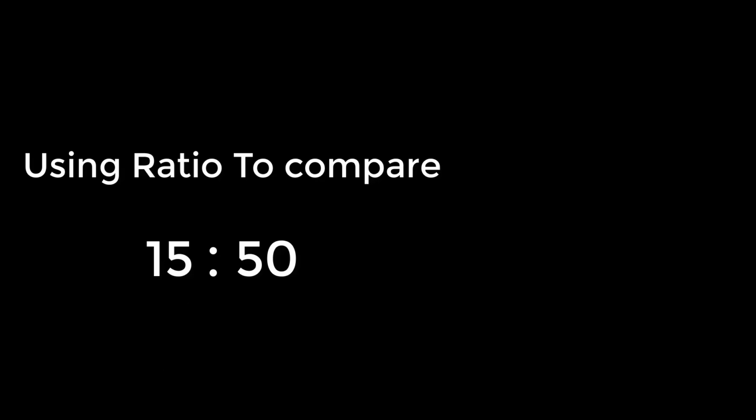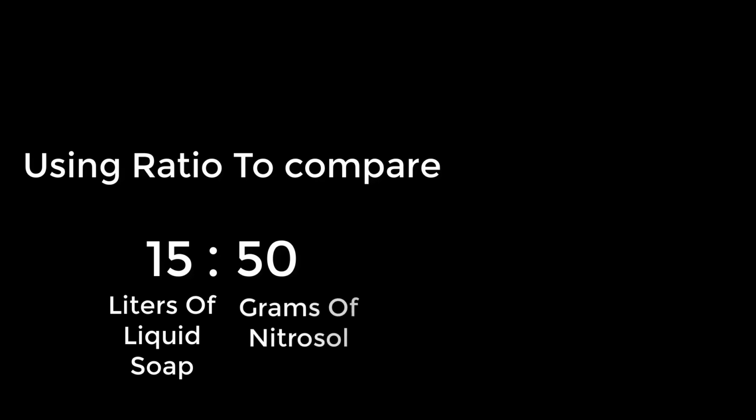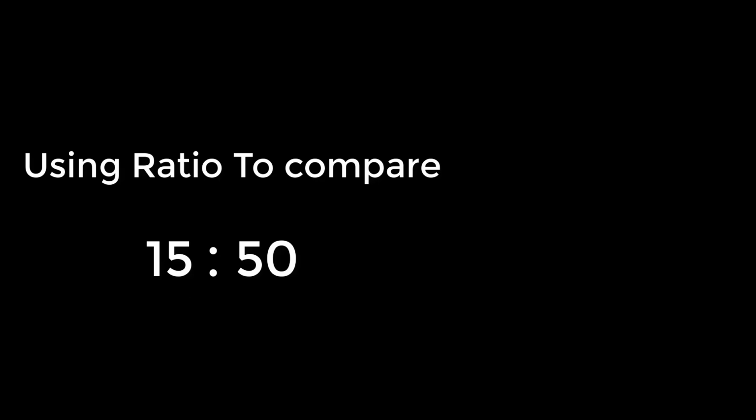So if we want to compare them in ratio form, we will write 15 ratio 50. This means for every 15 liters of liquid soap that will be produced, we will need 50 grams of nitrosol, and it is written 15 ratio 50.